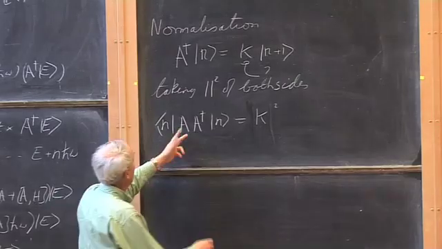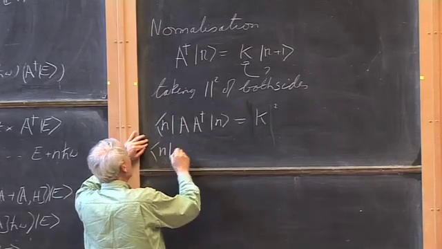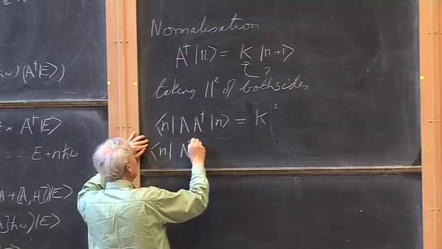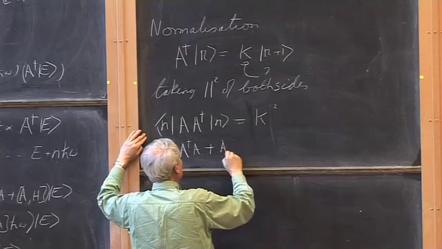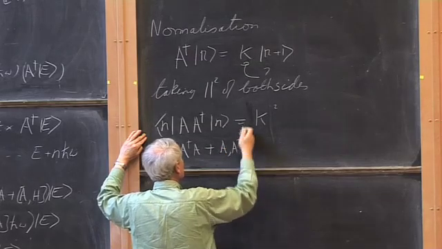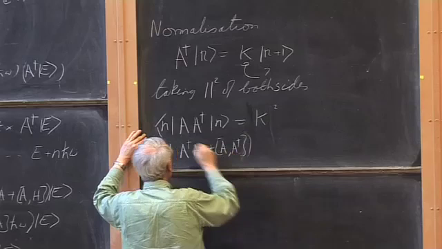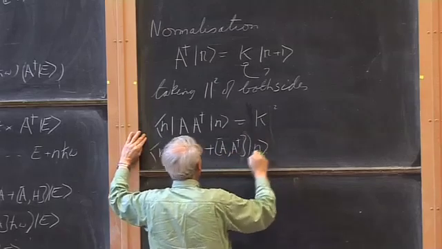If I swap this over, I want to swap this over because then I can relate it to the Hamiltonian. Then I have to add on a comma a dagger commutator. So that's that rewritten.